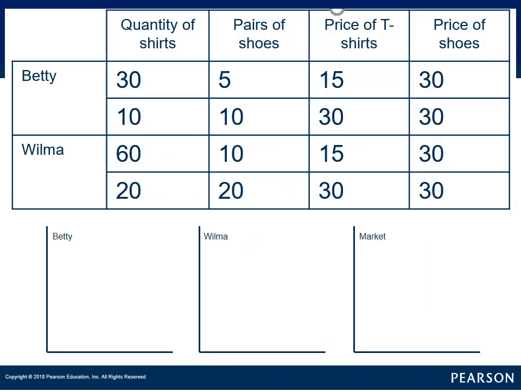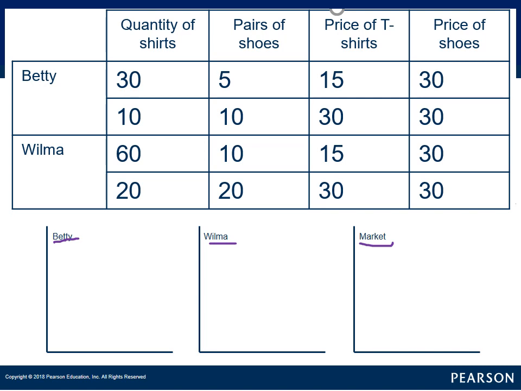I decided to type this up instead. So we're still looking at the numbers from the previous slide, and we're going to create Betty's consumer demand curve, Wilma's consumer demand curve, and then we're going to assume that Betty and Wilma are the only two consumers in the market for t-shirts and shoes, and then we're going to create the market demand curve.